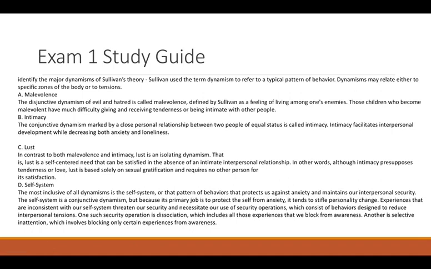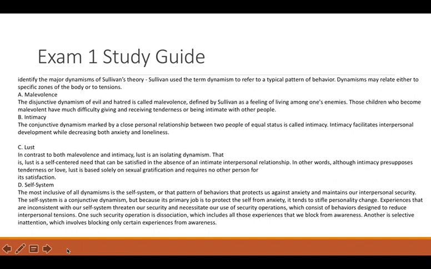Moving on to interpersonal, which again was Harry Stack Sullivan. He practiced psychoanalysis, but developed his own theory, and interpersonal psychotherapy was born from that. The major dynamisms, if you see the link, give a nice outline of the next three subsections of what his theory contains.